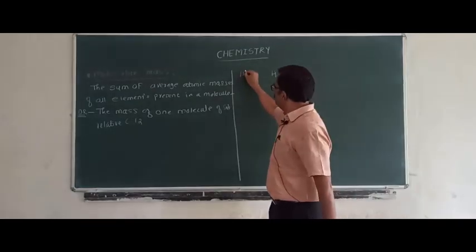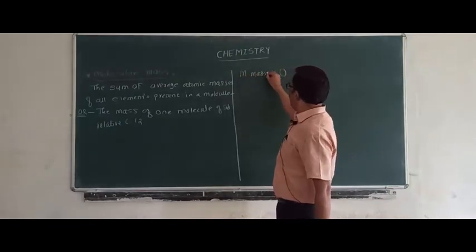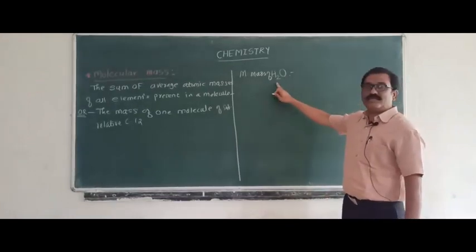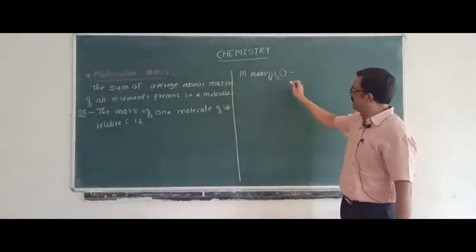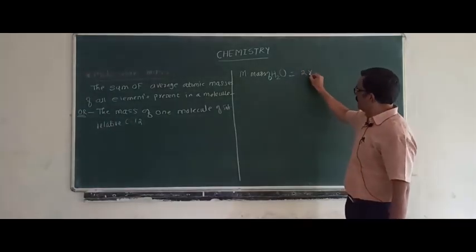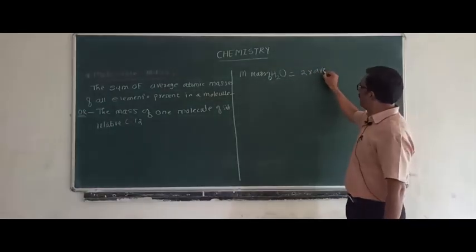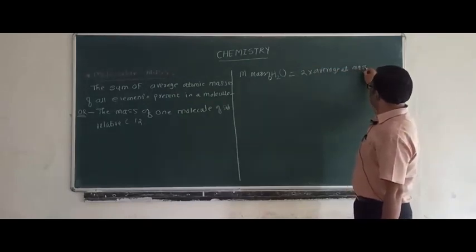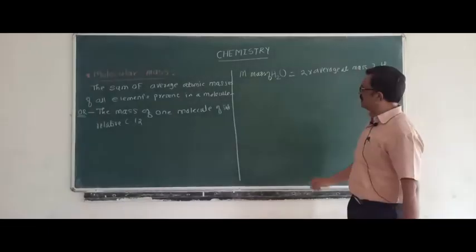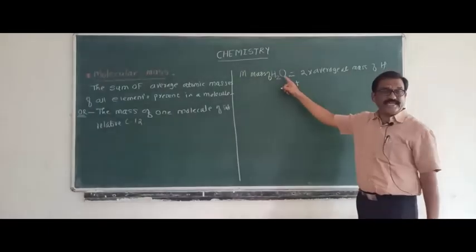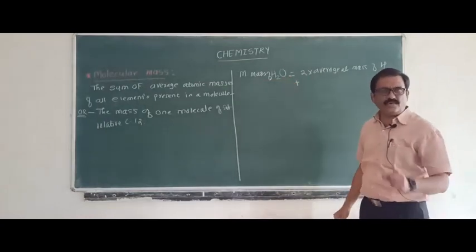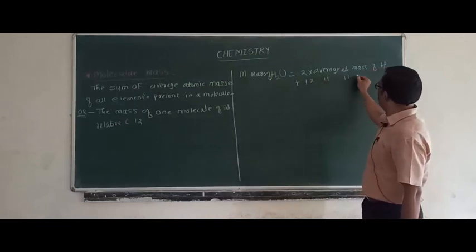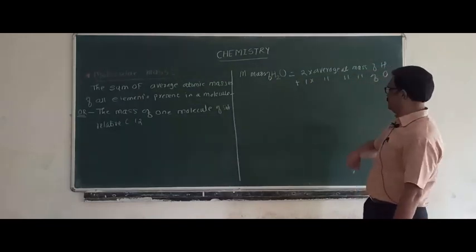Hence, the molecular mass of H2O is equal to: a water molecule contains 2 hydrogen atoms, hence number of atoms 2 into average atomic mass of hydrogen, plus it also contains only 1 atom of oxygen, hence number of atoms 1 into average atomic mass of oxygen.